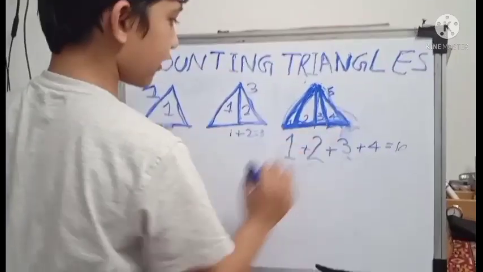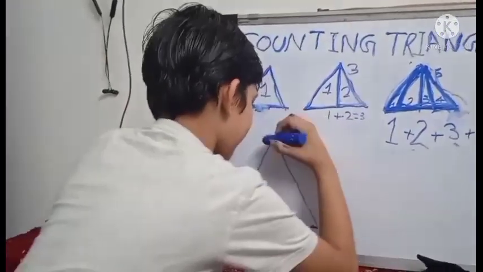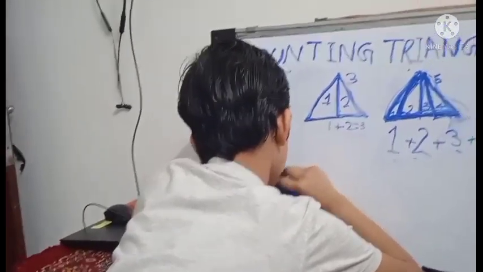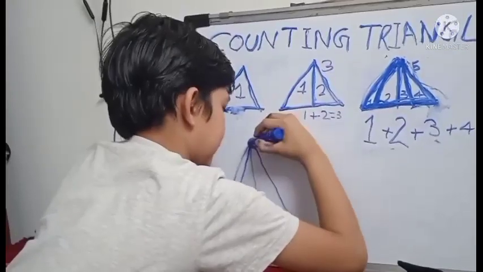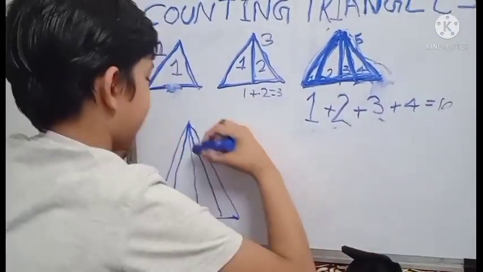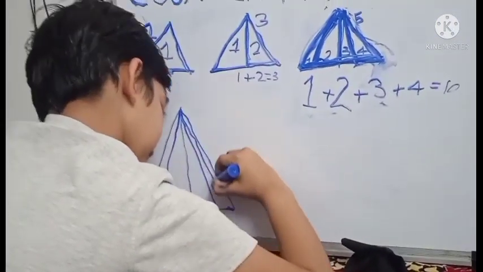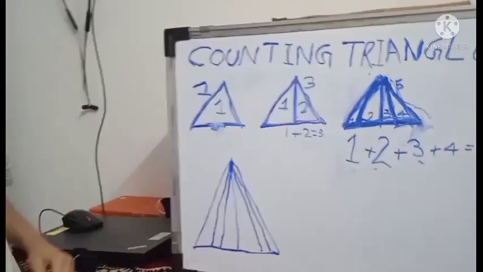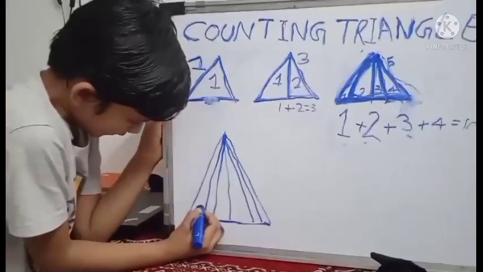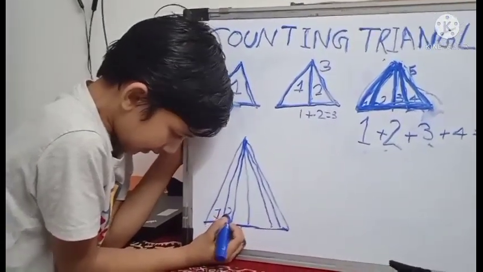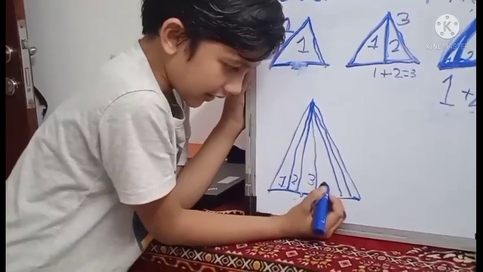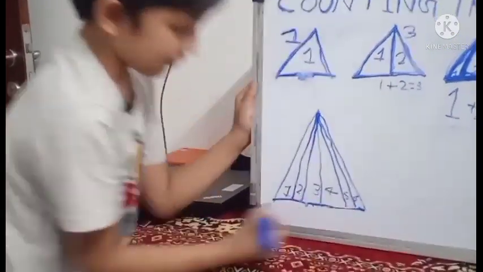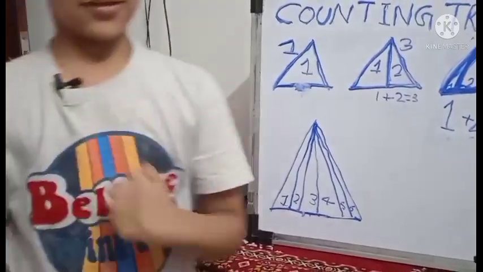This had 4 lines, so I will put 5 lines. 1, 2, 3, 4, 5. Yes. This 1, this 2, this 3, this 4, this is 5, this is 6. Its total has 6 new triangles.